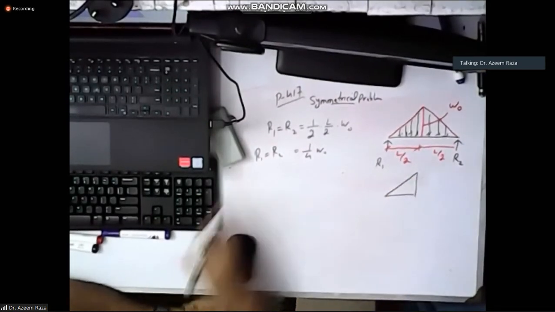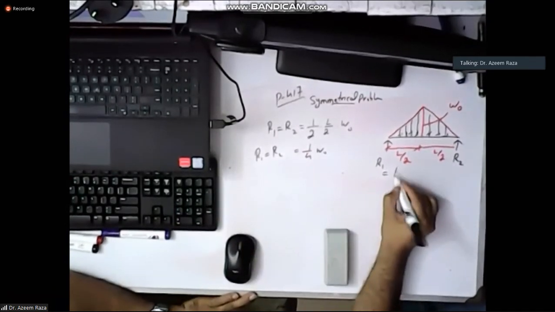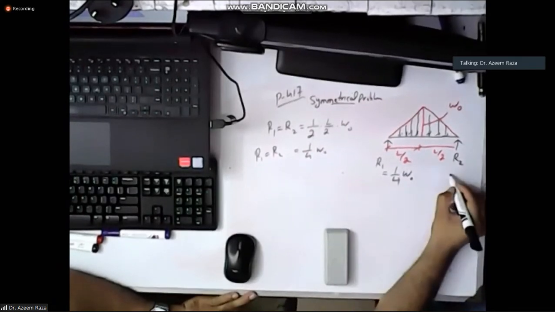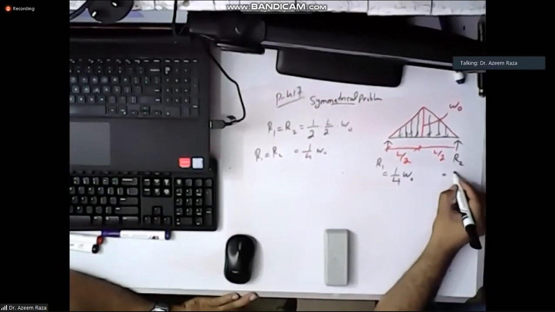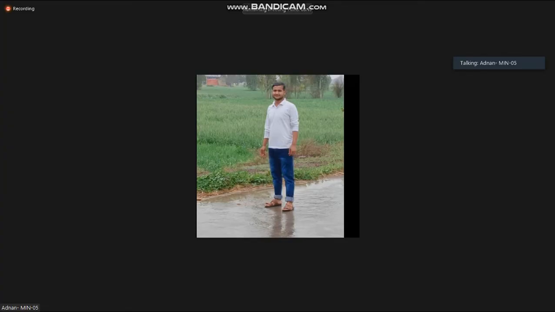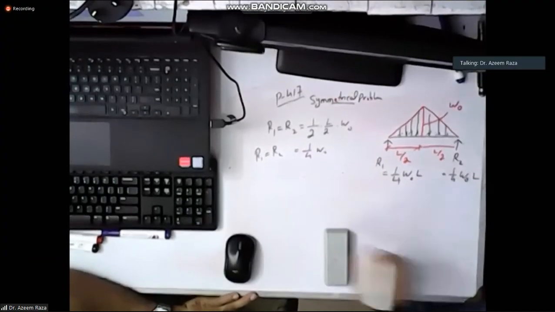So R1 is equal to 1/4 W naught L, and R2 is equal to 1/4 W naught L. L is there as well.